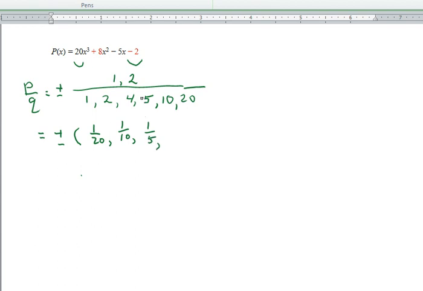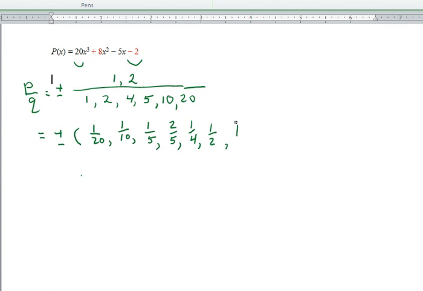Now we'll move to 5. 1 over 5 is 1/5. We also have 2/5. Now we have 1/4 and 2/4, which is 1/2. Then when I go to 2, the 1/2 is already there. 2 over 2 is 1.